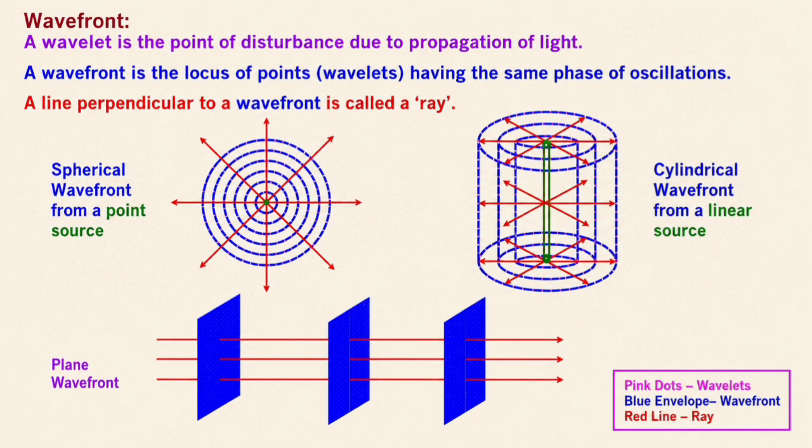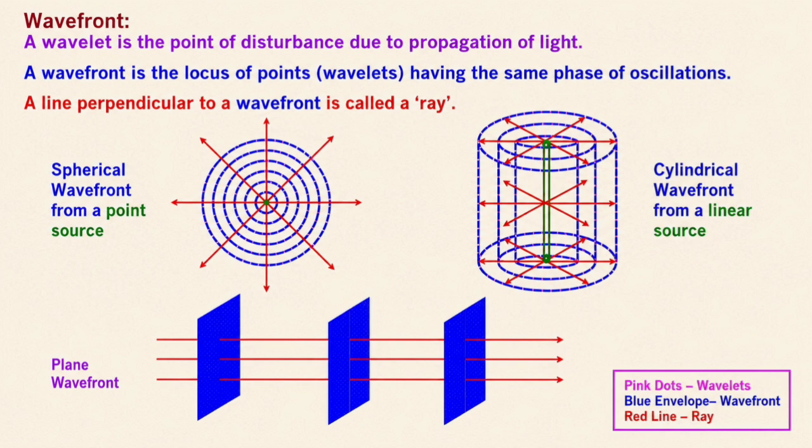So when we throw a stone in a pond, we see that at a particular distance, all water molecules are vibrating in the upward direction, and at a particular position, all the molecules are vibrating in the downward direction, right? Now here also the same thing is happening.